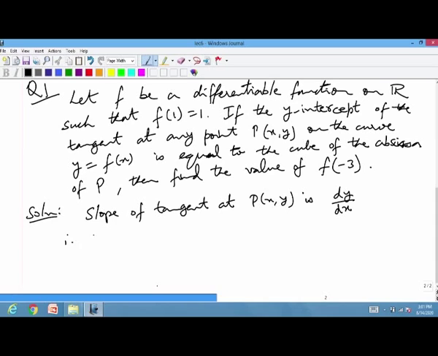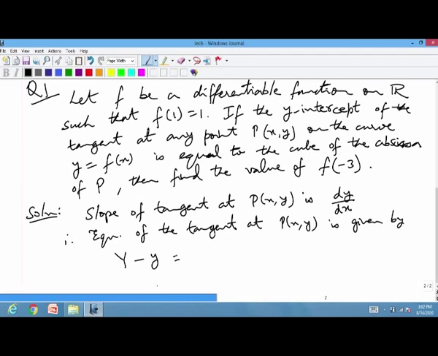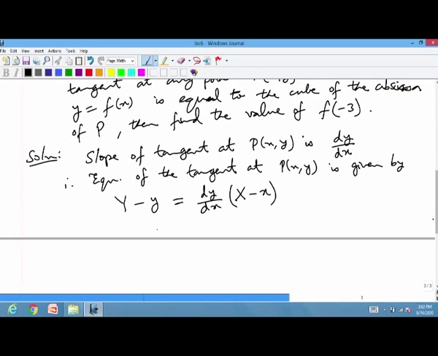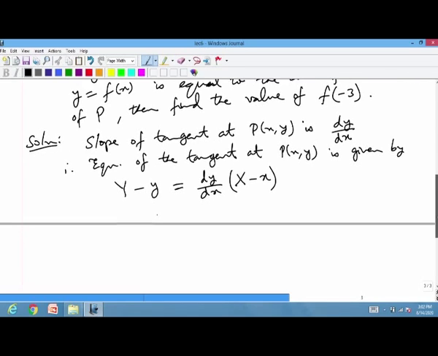Therefore, the equation of the tangent at P(x, y) is given by Y minus small y equal to dy dx times capital X minus x. Because the point is given as small x comma y, we have used capital X and capital Y to write the equation of the line.